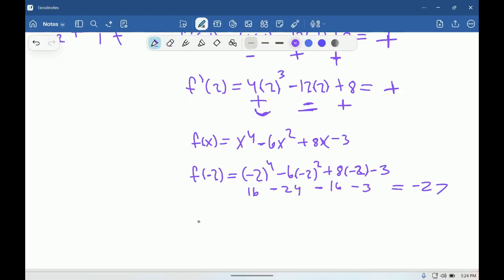And we're going to do our f of 1, which equals 1 to the fourth, minus 6 times 1 squared, plus 8 times 1, minus 3. That is going to give us 1 minus 6 plus 8 minus 3, which is going to equal 0.